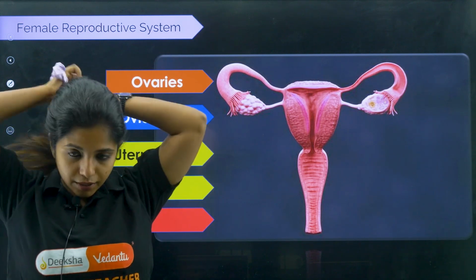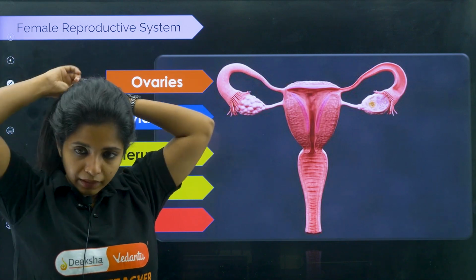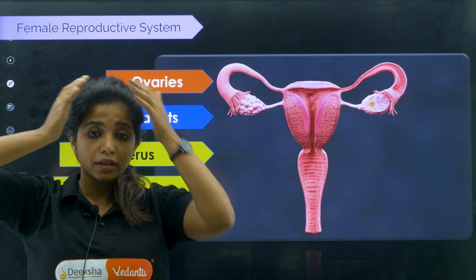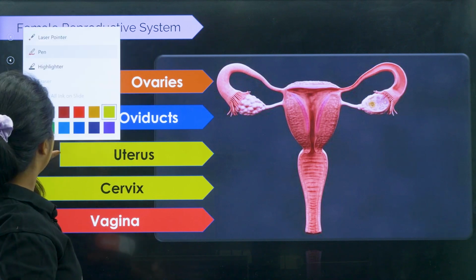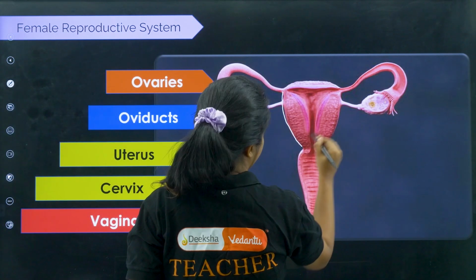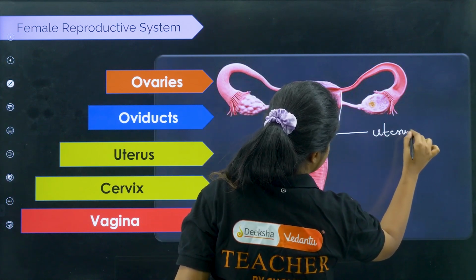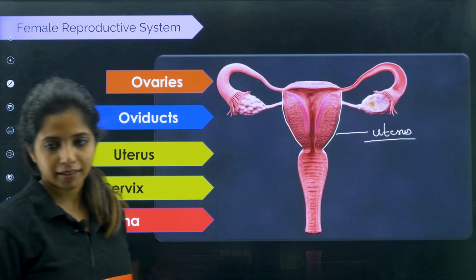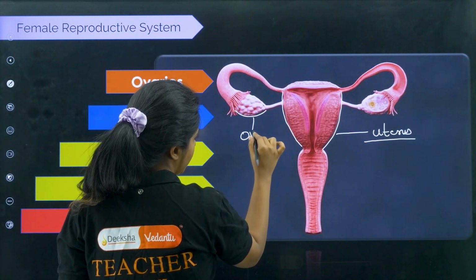Okay, so over here, this thing that you see, my dear children, is the female reproductive system. The thing about the female reproductive system is that it has very few cute parts. Let's see all of them. This is a very famous part which is known as the uterus. And this is the most important part, which is known as the ovary.